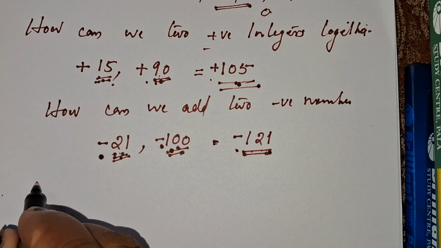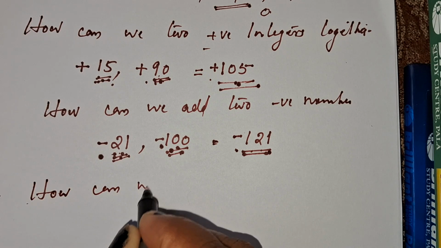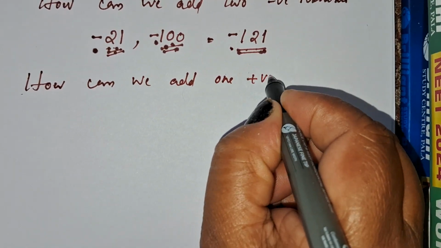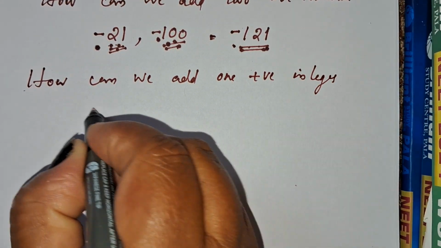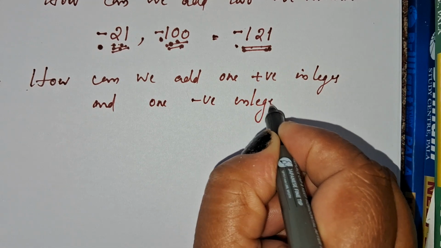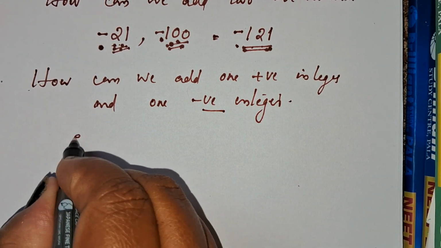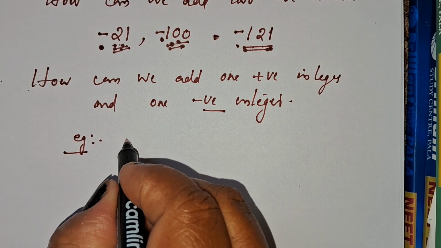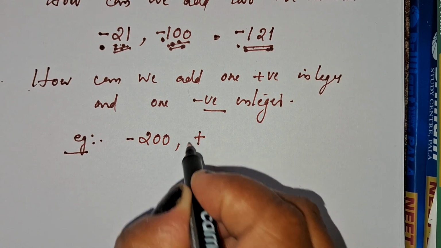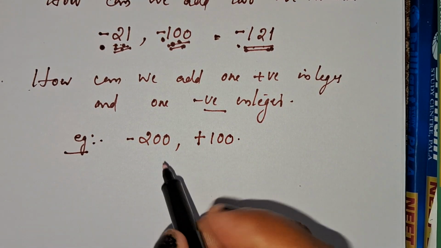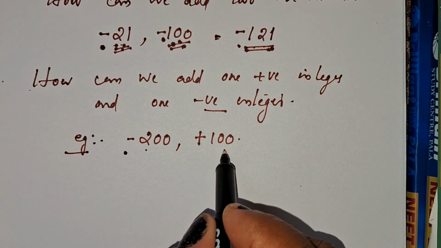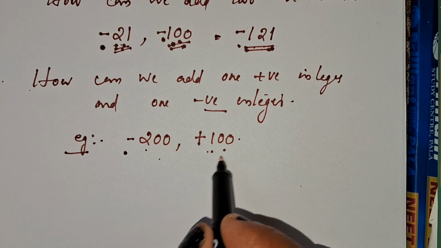Next, how can we add one positive integer and one negative integer? Example, minus 200 and plus 100. Here two numbers are given. One number has a negative sign and another number has a positive sign. How can we add these two numbers together?